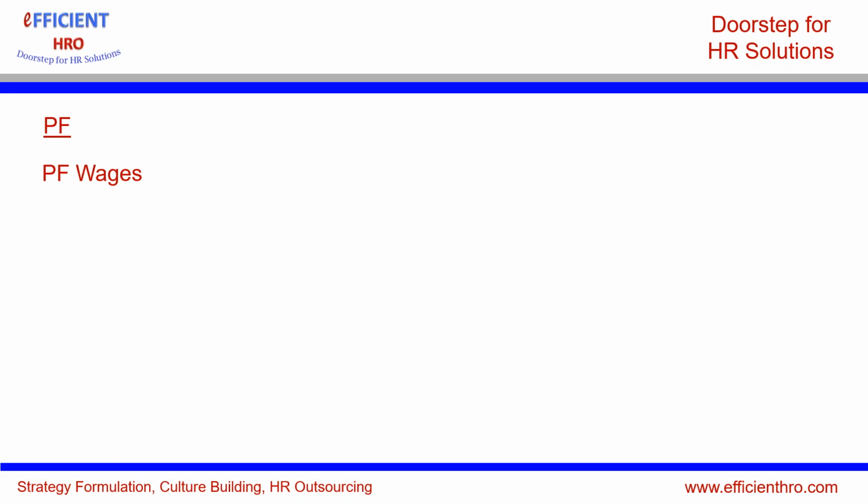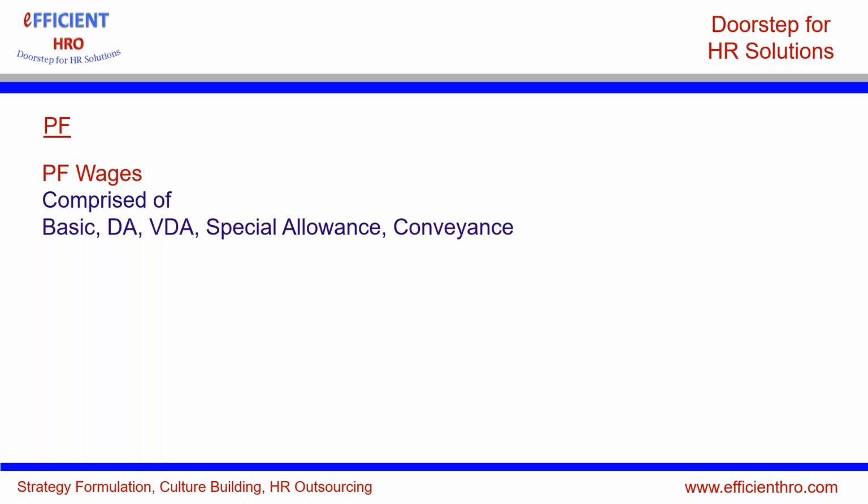Now what all will be included in gross salary? It's not necessary that each and every component mentioned in gross salary will be included for PF deduction. PF wages comprise basic, DA, VDA, special allowance, conveyance.